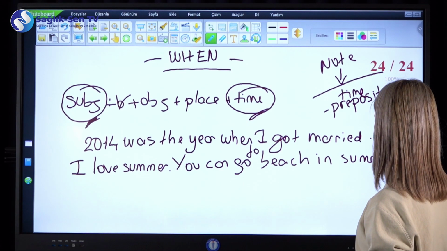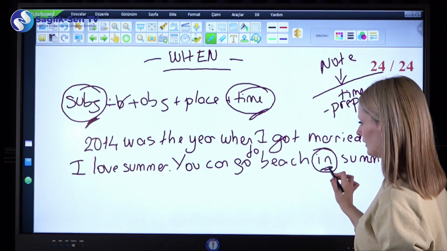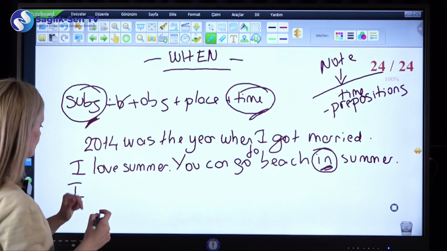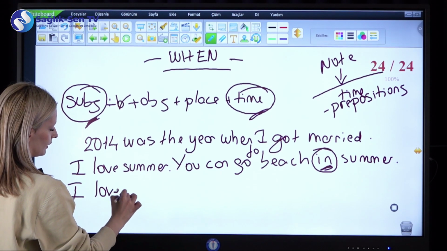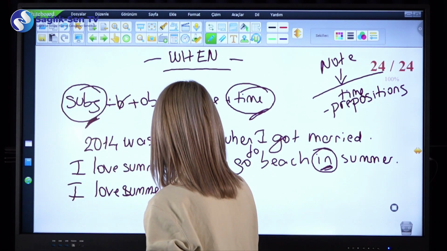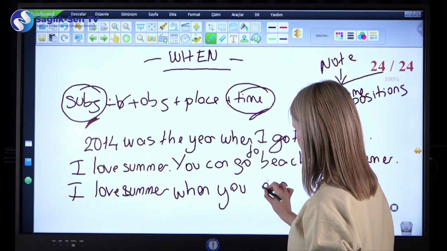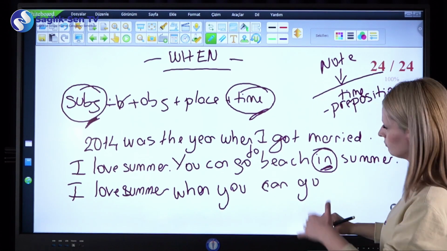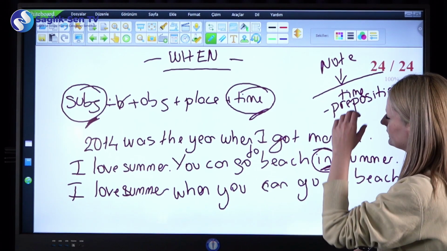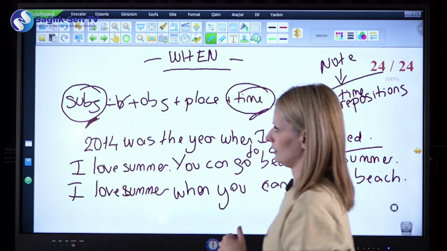Look at the second example. We have a time preposition here. So I'm going to rewrite this sentence using when. I love summer when you can go to the beach. But in the second sentence, I don't repeat the time expression.